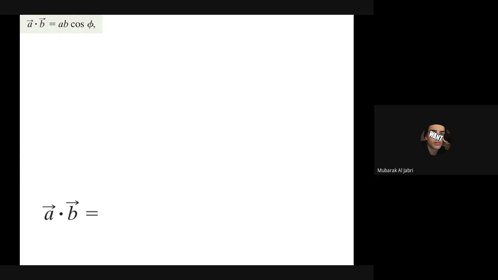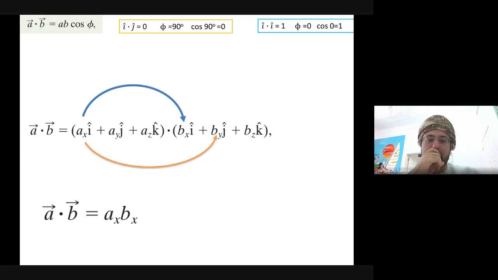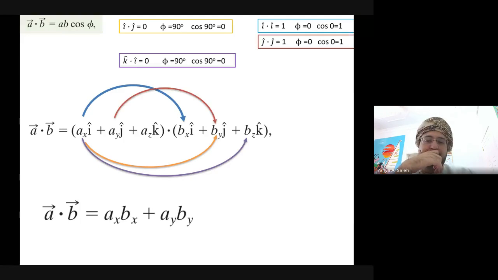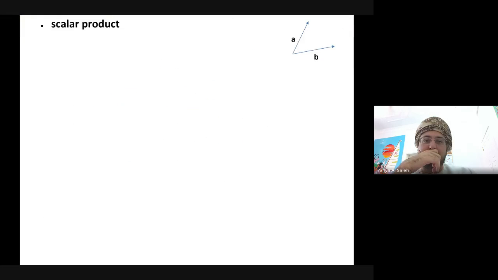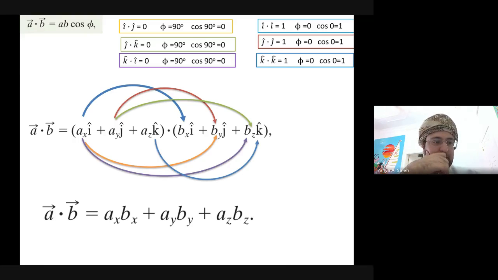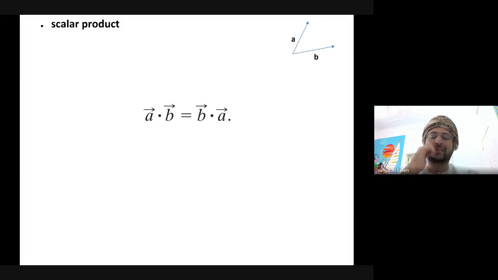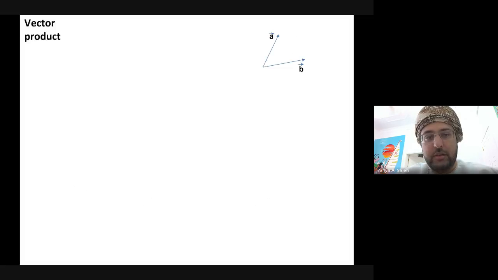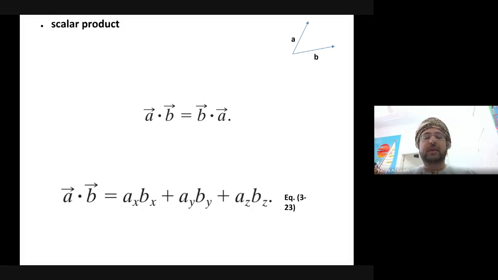Let's do it with colors. ax bx, ay by, az bz. So, just like in normal multiplication, because the result of a dot b is just the simple addition of 3 numbers, a dot b is equal to b dot a. It doesn't make a difference. Because a dot b gives me ax bx, ay by, az bz.